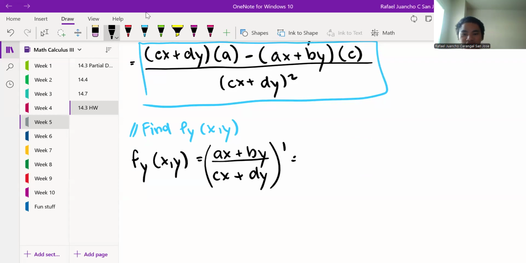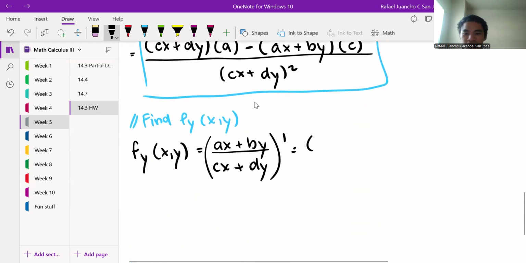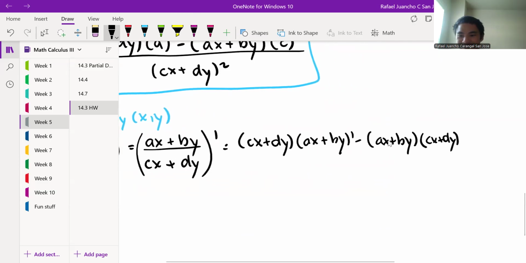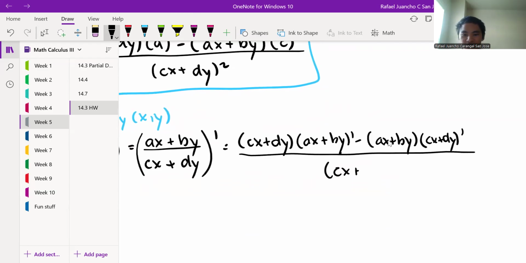Now I do my low d high technique. So this is low, derivative of high. I could have just copied the previous one. Minus high, d low. Over low squared.